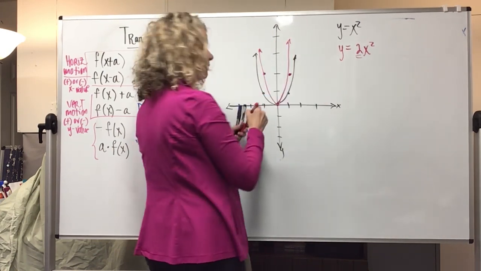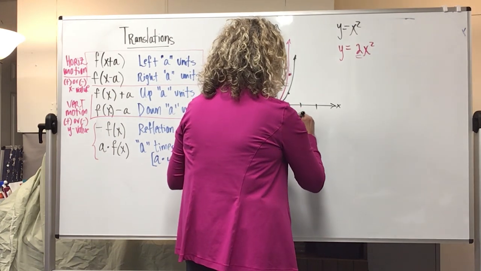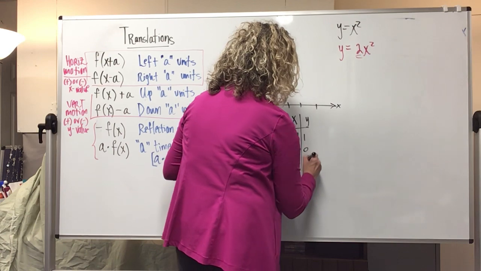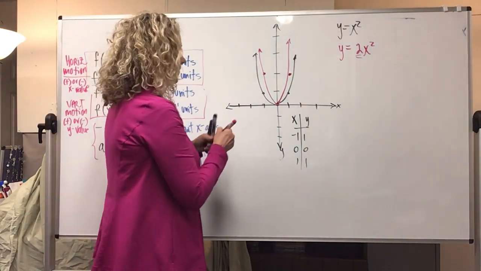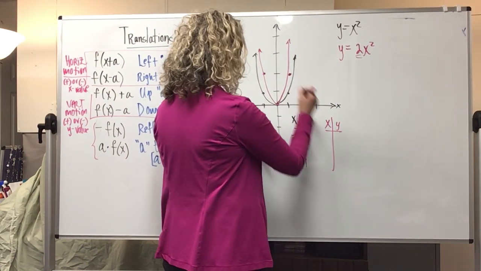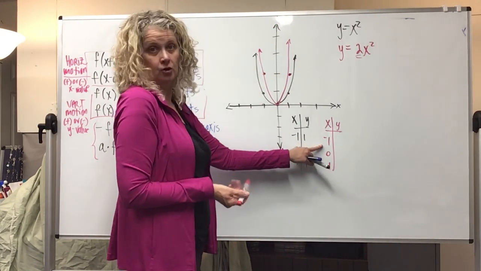And notice if we were to create a table of values, as we did in the previous example, these are from the parent function, the reference points, and we just plug them in the good old-fashioned way.